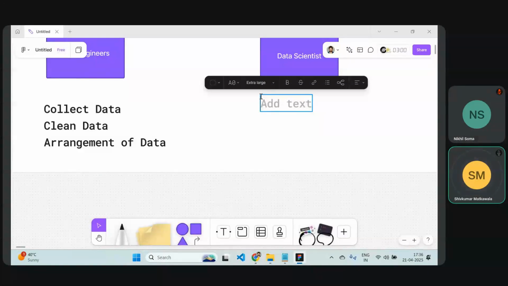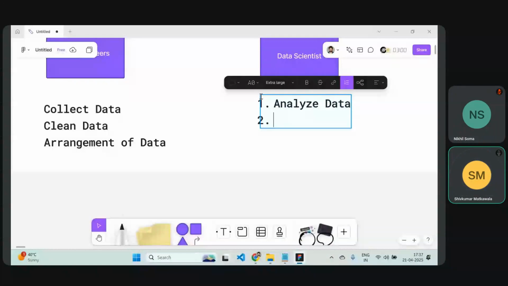Okay, after this session, you will get to know what parts are involved in the data. We are going to talk about data science and analyze data. Next thing, apply logic.